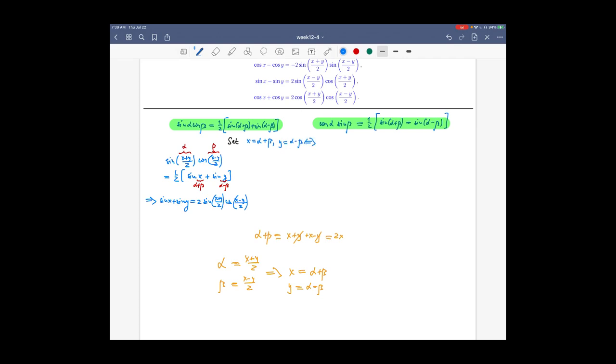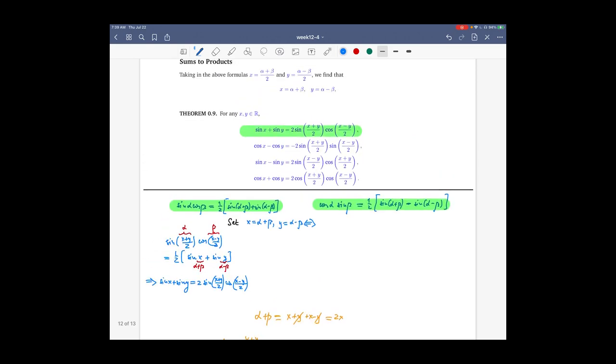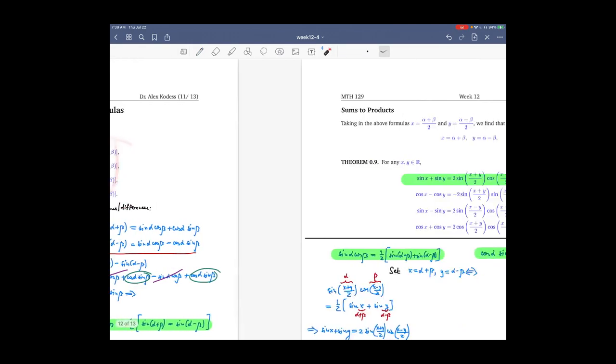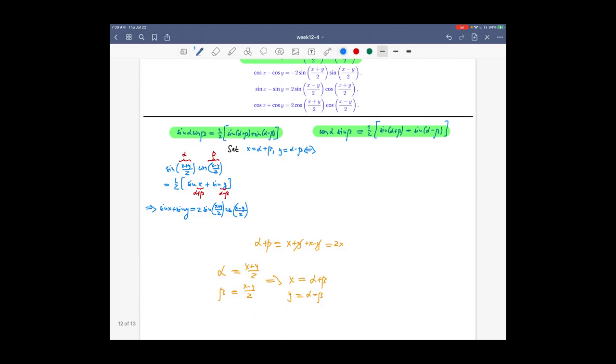So in short, I'm simply plugging into these formulas specific alpha and beta, with alpha being x plus y over 2, beta being x minus y over 2.